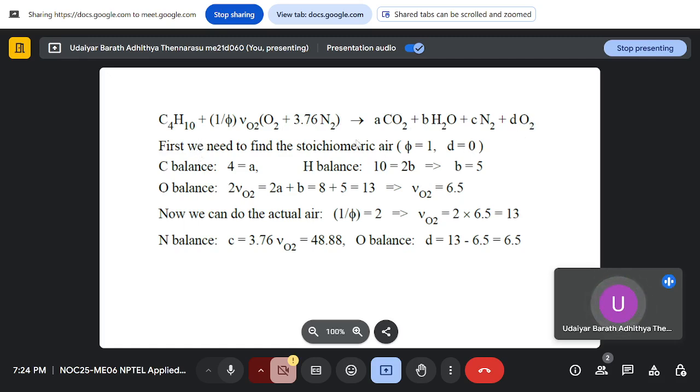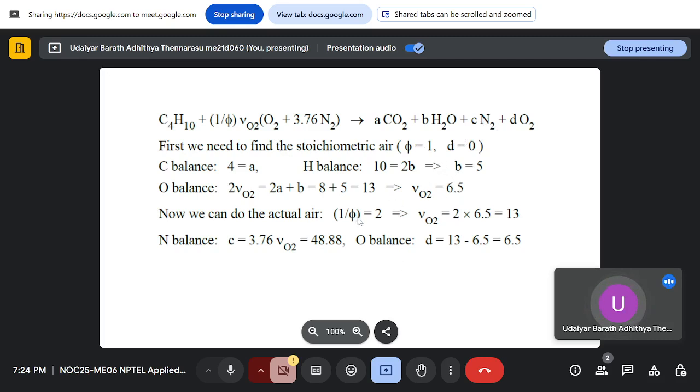First we do it for stoichiometric air when phi is 1, so D is 0, and doing each of the atom balances, we get A as 4, B as 5, and the number of moles of oxygen is 6.5. And C will be 6.5 into 3.76.